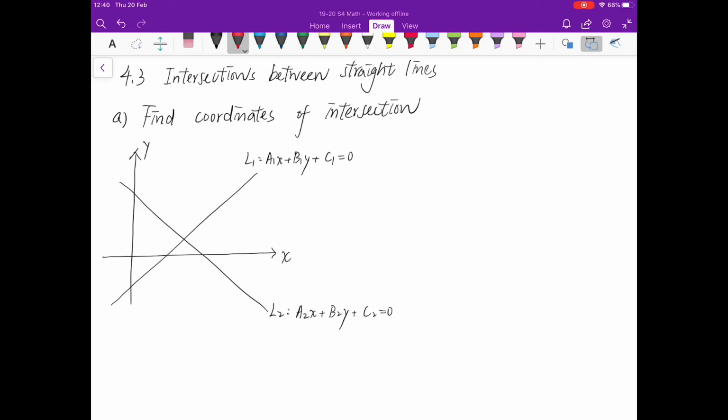So in this section, we are going to find the intersection between these two straight lines. That means we are finding the coordinates of the overlapping point. That is here, in red. You can mark it down, and I will mark it as P with the coordinates x and y.